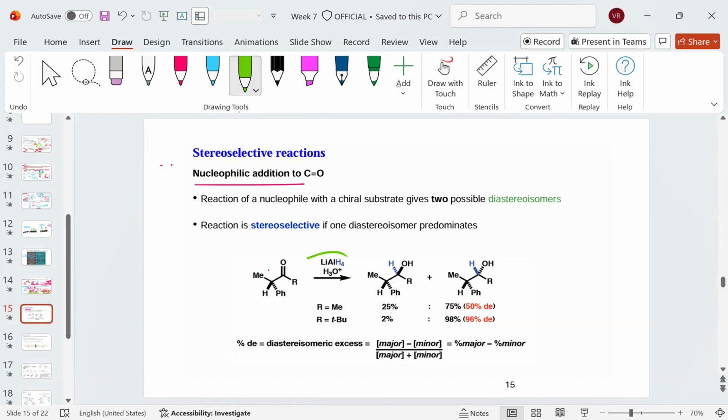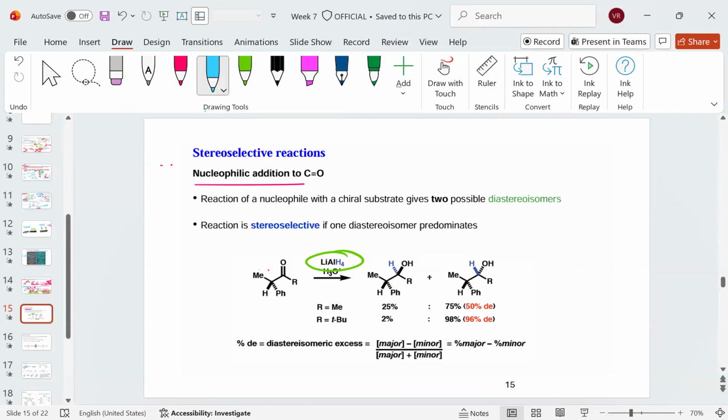Let's say we are using lithium aluminum hydride as a reducing reagent. If you look at the chiral center which has the methyl group and the phenyl group, this bulkier phenyl group is directing downward, which is represented here by the dotted bond.